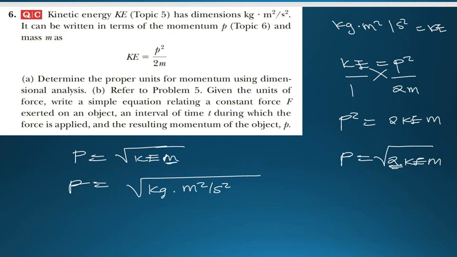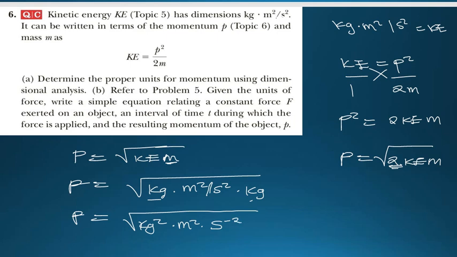Mass is kg. So the units now, go ahead and do this: kg times kg, you have kg squared, also m squared. But since we have s squared over here, we are going to take it on top and it will become negative 2.